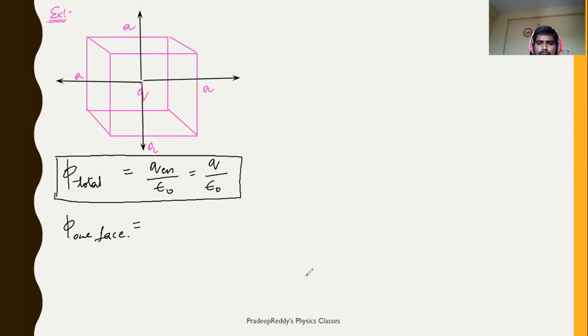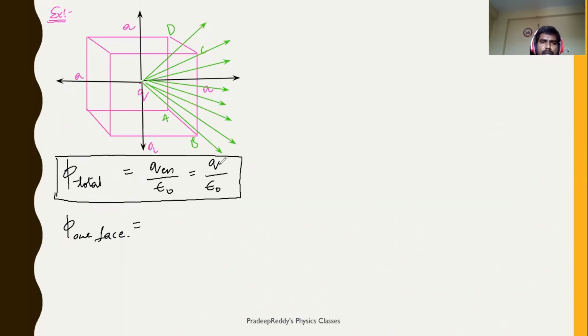So if you want to find out through one face, I'll represent it with another color. You can clearly understand that only this flux which is passing through this face I am calculating, which is being represented with green color. Only this flux coming through this face A, B, C, D. Okay. What is flux passing through total cube?